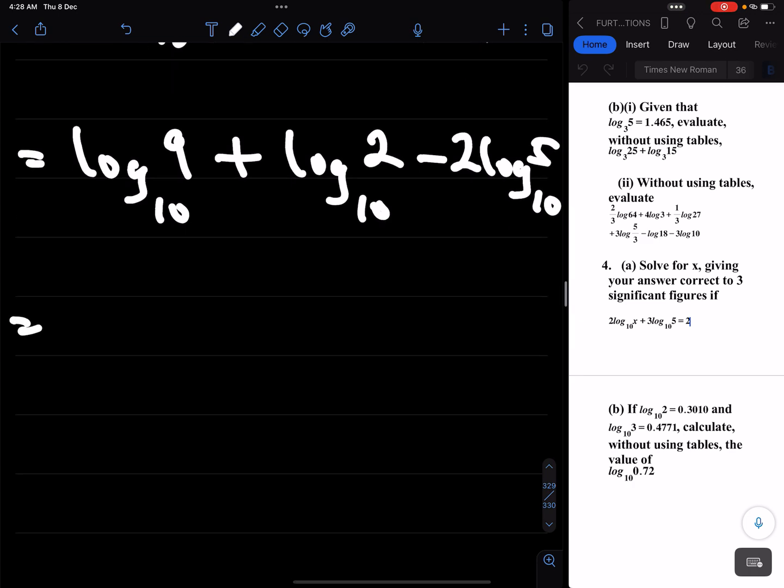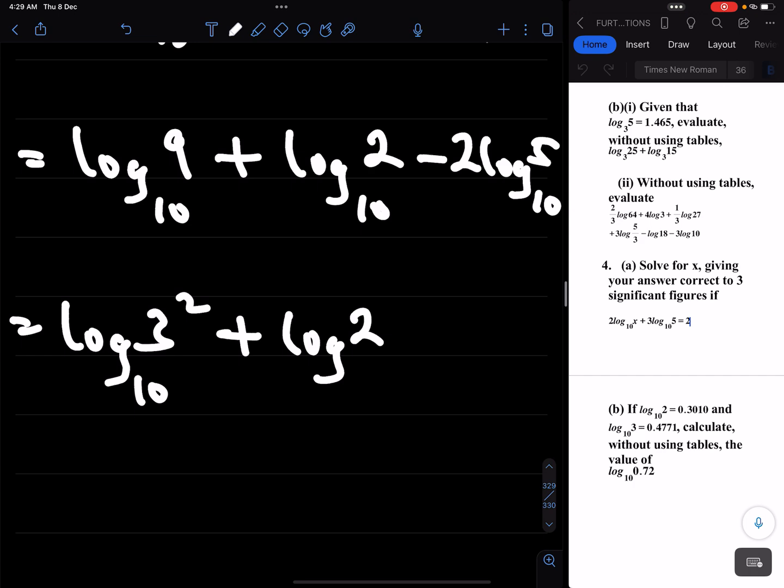And 9 is 3 raised to the power 2. Well, let me write it so you don't get confused. Log 3 raised to the power 2 base 10 plus log 2 base 10 minus 2 log 5 base 10.